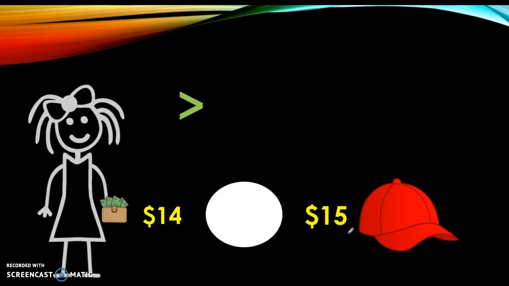So we have the greater than, less than, and equal to. In this case, if we are comparing 14 to 15, the correct placement would be using the less than sign. Our whole answer here would be 14 is less than 15. Sadly, you don't have enough money to buy the hat.